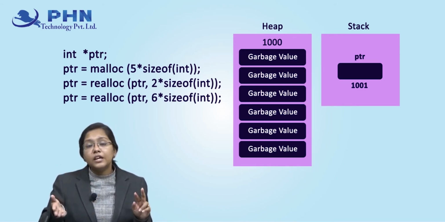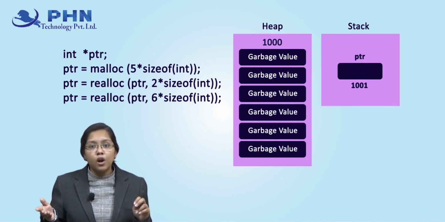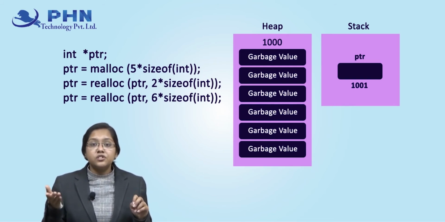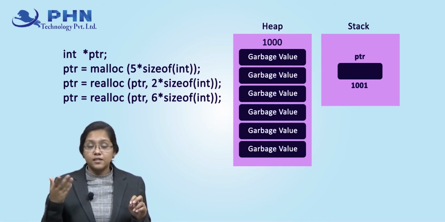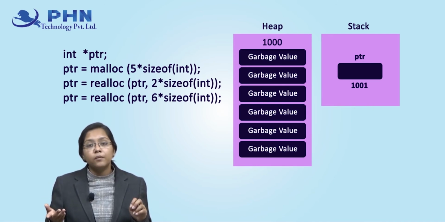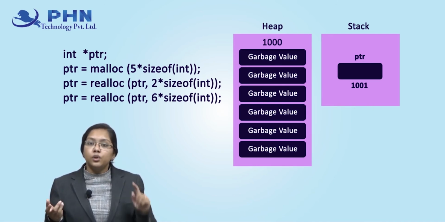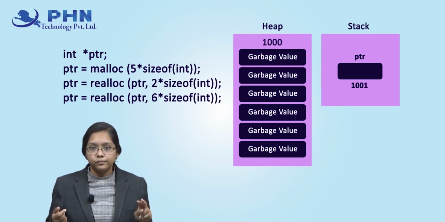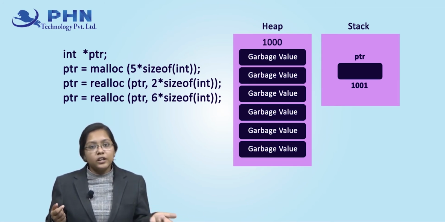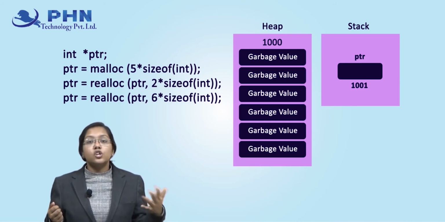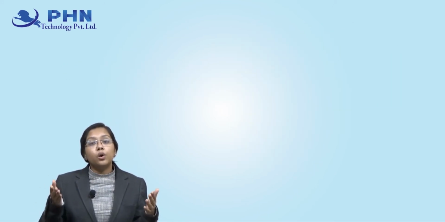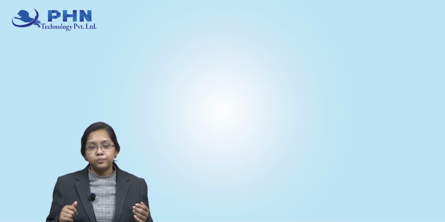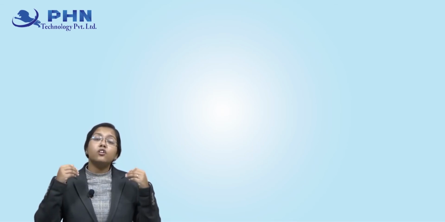Then why would I waste the remaining 4 blocks? That would be a wastage of memory, which I don't want as an efficient programmer. Therefore, I will use realloc over there and reduce the size to 2, and only those 2 blocks I need. So this is how your realloc function works.